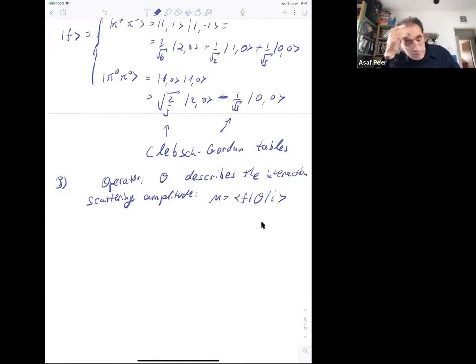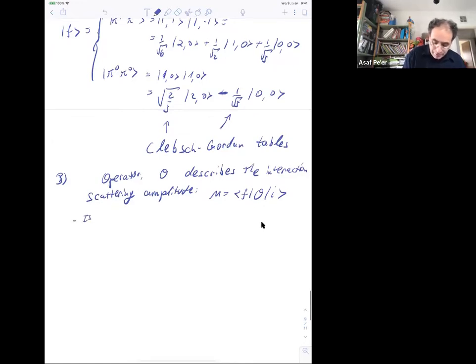And we simply need to write this down. The question was, what is the probability of getting each of these outcomes? So we know that the isospin eigenstates are orthogonal to each other.